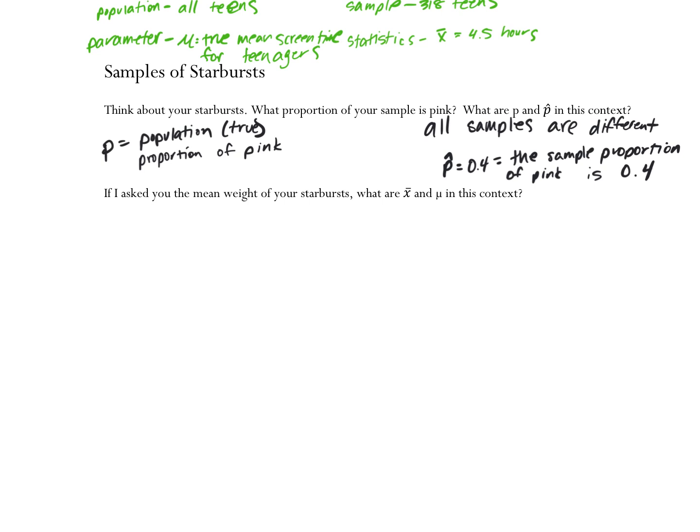If I gave you 5 Starbursts and had you find the average mass, that would be the sample mean, versus mu, which would equal the population mean. Again, sometimes instead of saying population, we say the word true, okay?